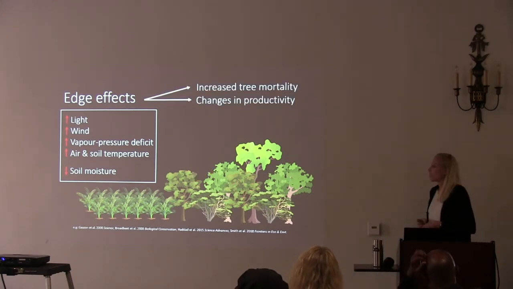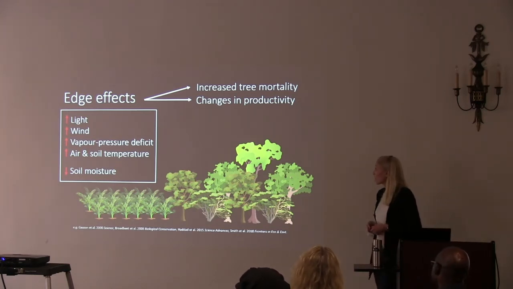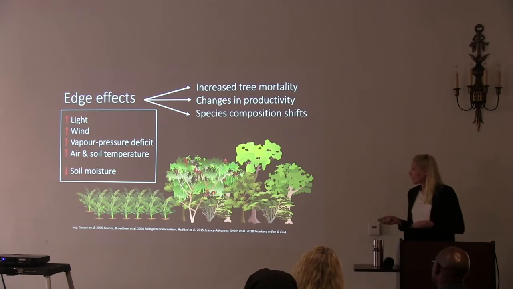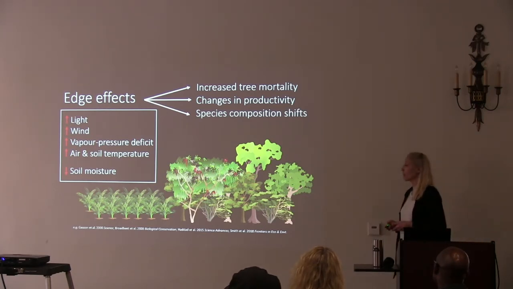And ultimately, these changes can impact plant growth and mortality, as well as primary productivity. And given enough time, if pioneer species move in and are able to dominate, it can lead to species composition shifts as well.